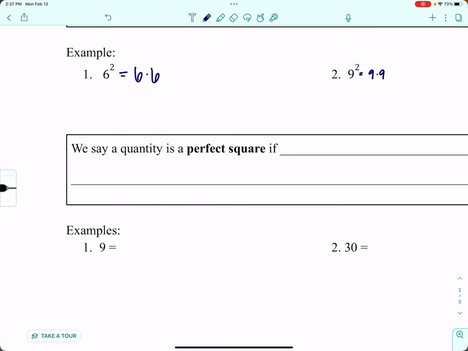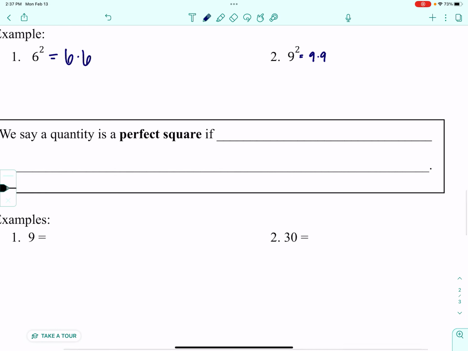Now we say a quantity is a perfect square if you can write it as a product of identical factors.